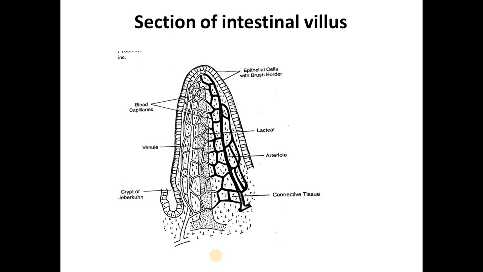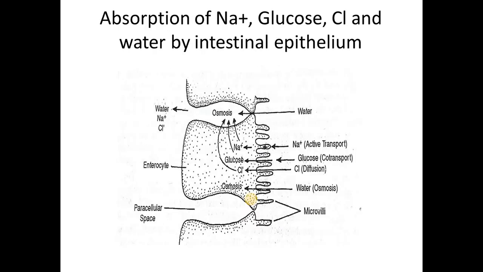Absorption occurs by the following methods: diffusion, that is osmosis, facilitated diffusion, active transport and co-transport. The absorbed materials are passed from the enterocytes to paracellular spaces, from where they are picked up by the blood capillaries and lymph vessels. This is a section of the intestinal villi. So the villi help in the absorption of the digested food. As I told you, there is absorption of sodium, glucose, calcium and water by the intestinal epithelium, by different methods.